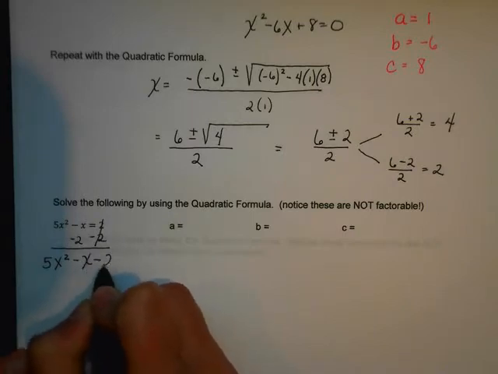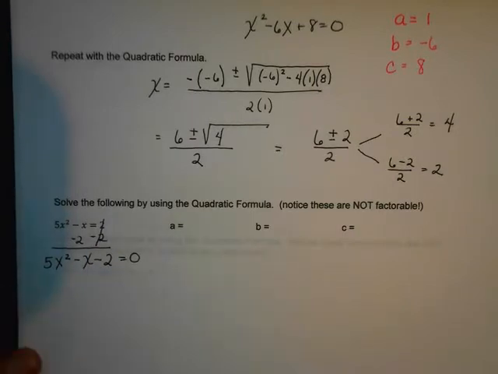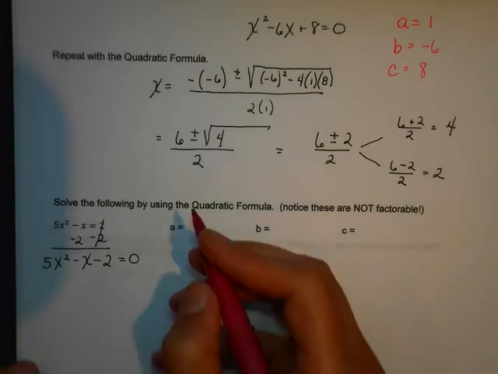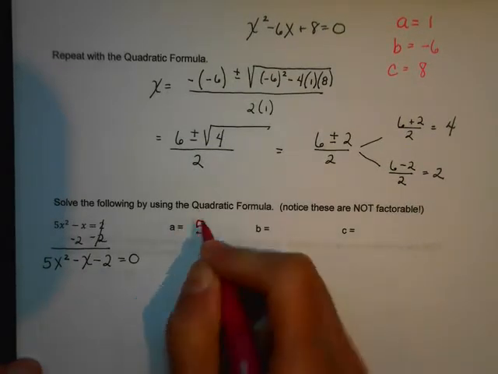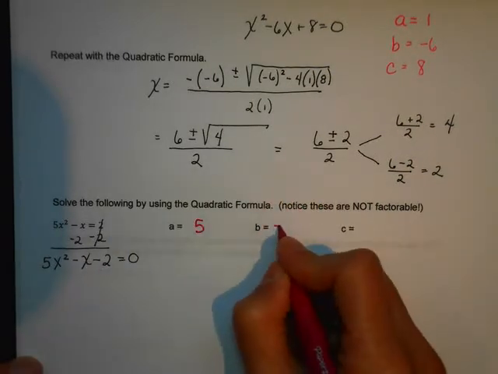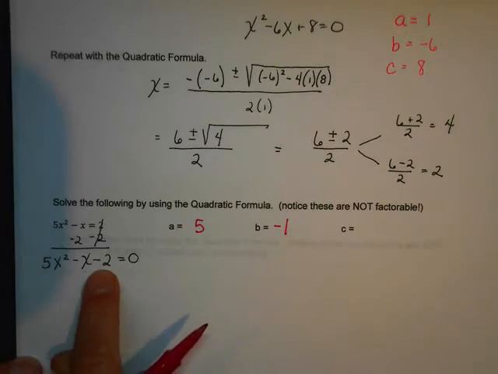And now we can identify what the a, b, and c are. So a is equal to 5, b is equal to negative 1, and c is equal to negative 2. All right, here we go.